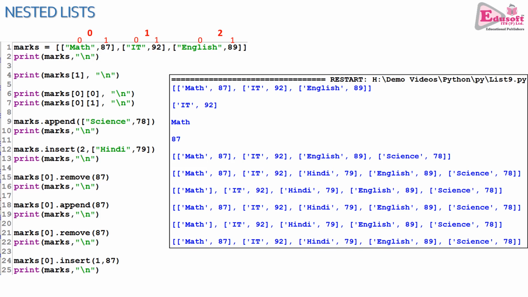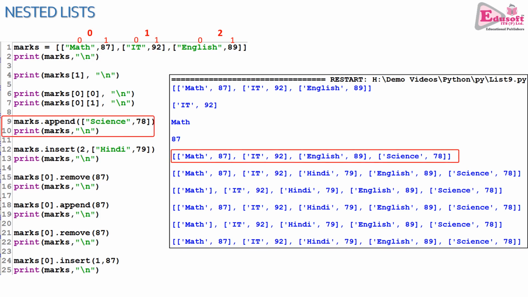Line number 6, as you see, now there are 2 dimensions. The first dimension, in the first set of square brackets, is the index of the nested list. The second dimension is the index of the value in that nested list. So 0, 0 is math, 0, 1 is 87. Then we have appended another nested list, science 78.